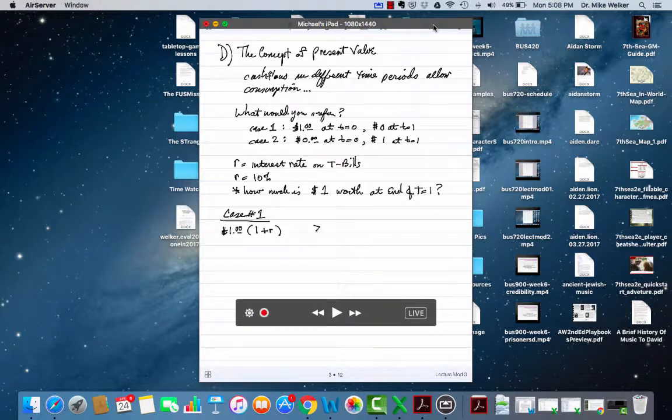Now that's actually greater than, comparing this to case number 2, $1 for all cases of R greater than 0%.